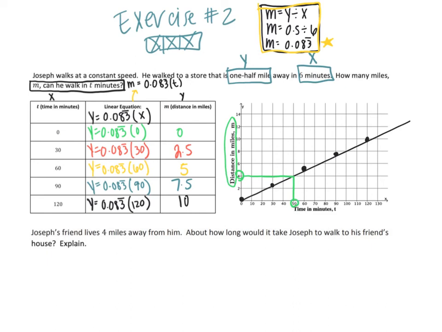It says 50, so I'm going to say about 50 minutes. And I know this because these values correspond on my graph.